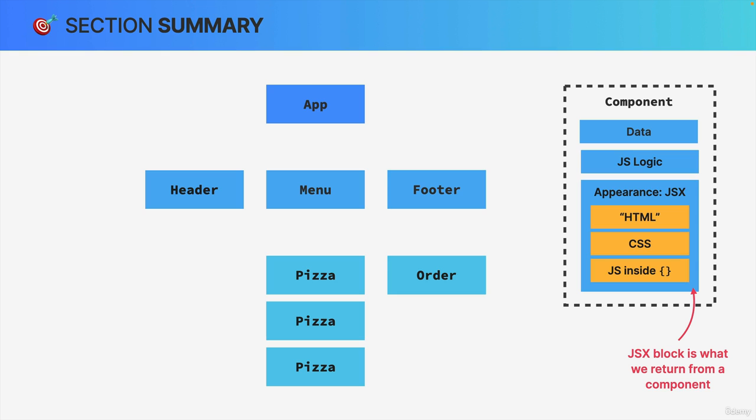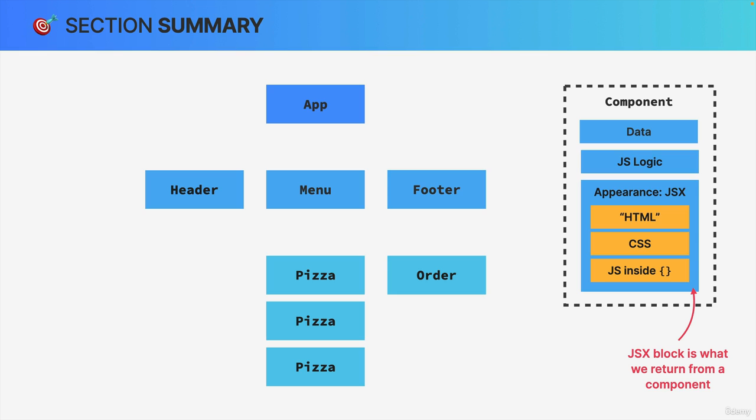So we used the style prop and then passed an object in there which contained some CSS code. And also usually the JSX contains some JavaScript inside curly braces, which I like to call entering the JavaScript mode. So this one is basically like writing JavaScript right inside of HTML. So this is basically everything that a component contains or can contain, and it is how we write it.